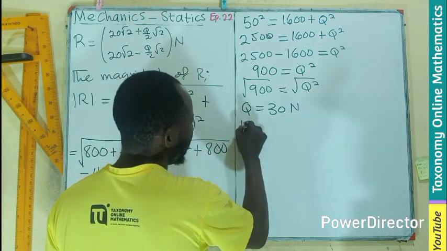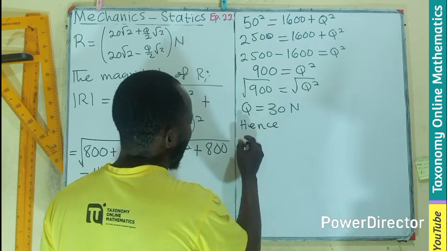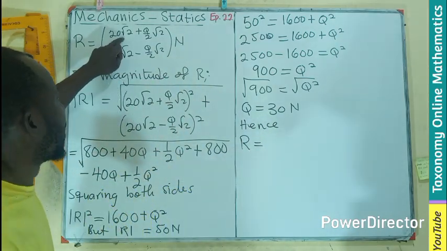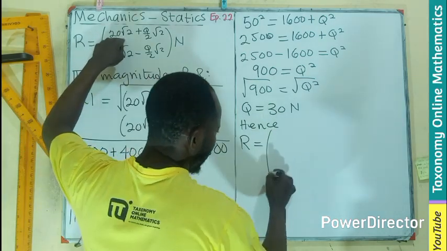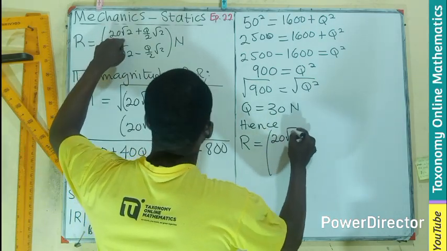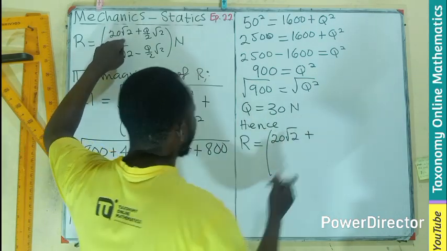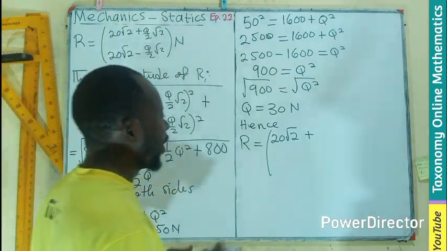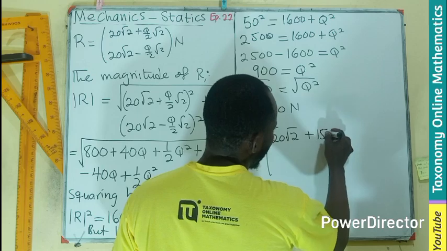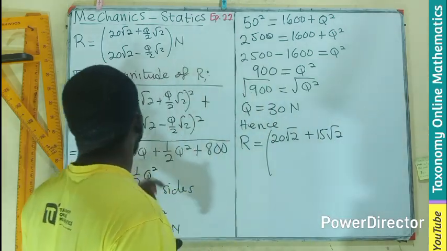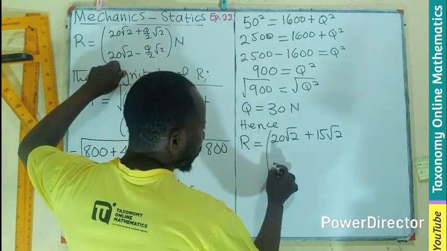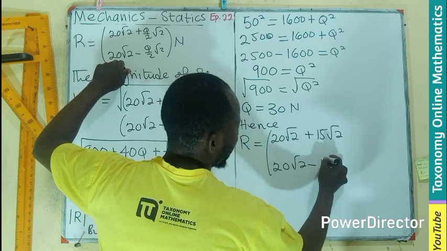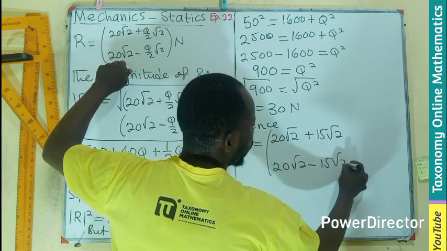Then our resultant, which is this, is going to be 20 root 2 plus, I am putting in 30 here. 30 divided by 2 will give me 15. So 15 root 2 here will remain: 20 root 2 minus 15 root 2.